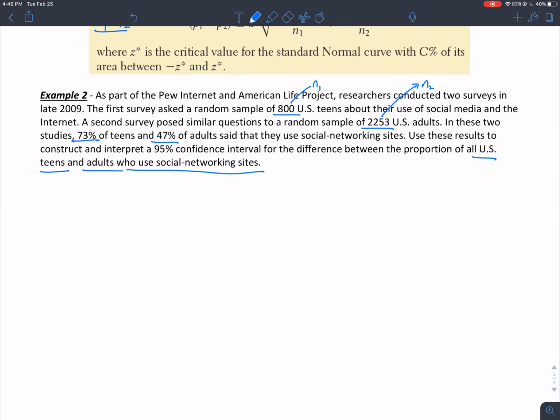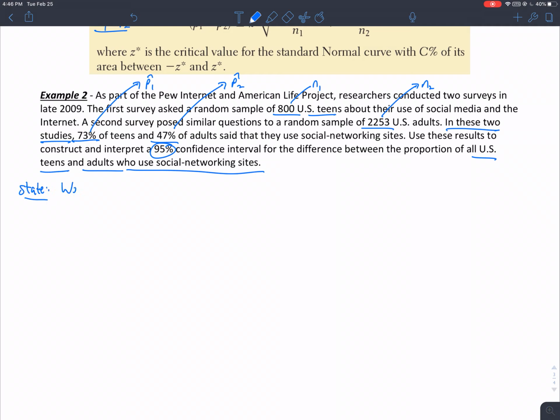Sample size 1, sample size 2, and this is teens, so N1 is teens, so then we'll have to call this p hat 1, and we'll have to call this p hat 2, because from the 2 studies with the 2 samples, I got these 2 sample proportions, and we want to make a 95% confidence interval. I think that's all we need, so we can just do our same 4-step process.